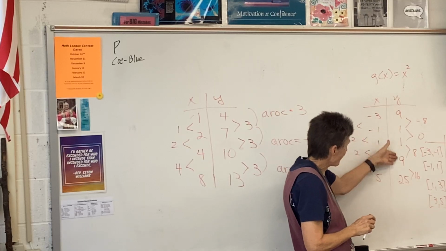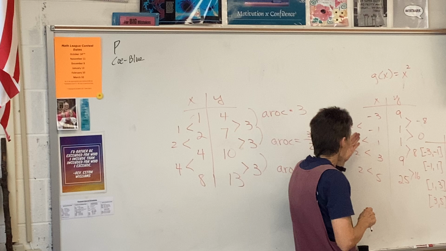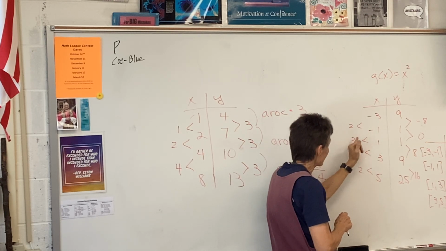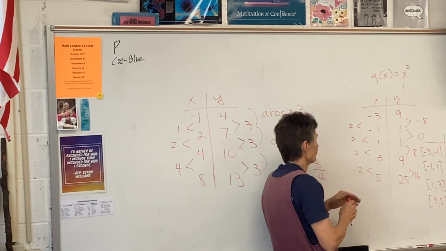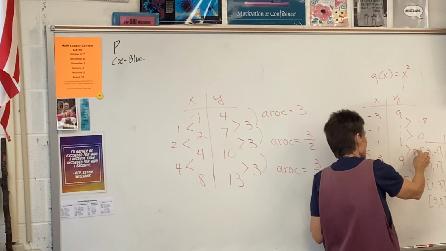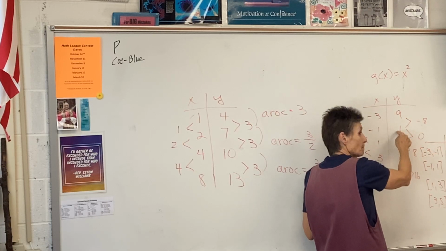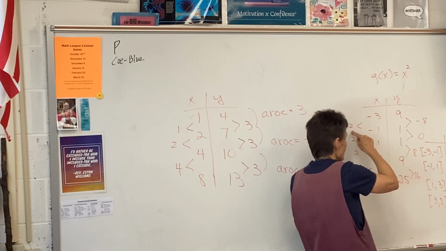Did you fill in your y values here? Now, I had already figured out that my change in x was 2 each time, equal length input intervals. So I went ahead and figured out my changes in y. So this was like y minus y. So I had my change in y and my change in x.